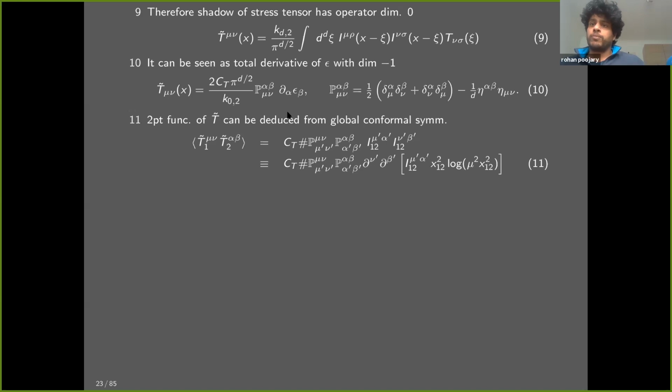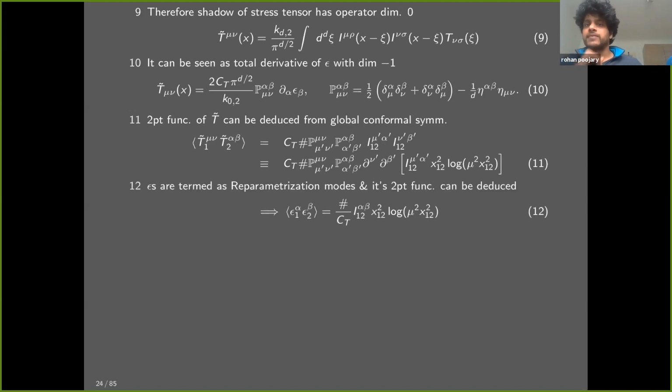Now the 2-point function of T tilde, as I said, is directly deduced from global symmetry principles. Since its dimension is 0, you only need to take care of its vector indices. So the 2-point function of the shadow of the stress tensor is just a product of inversion tensors. With a bit of jugglery, you can write it as a total derivative with two derivatives outside. It turns out that epsilons, which we call reparametrization modes, have a 2-point function of this form.